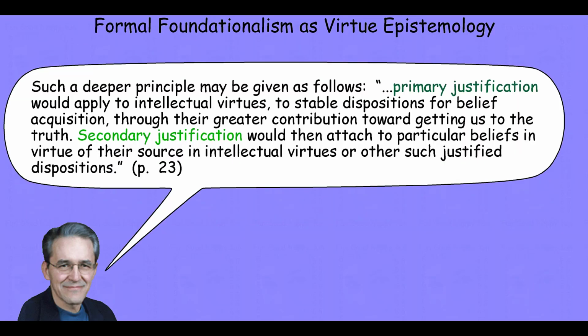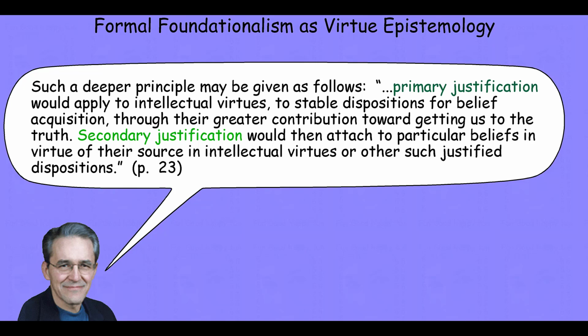And he's got an answer for that. Here's how it would work, he says. Primary justification applies to intellectual virtues, to stable dispositions for belief acquisition. They're virtuous, that is, they are primarily justified because of their greater contribution towards getting us to the truth. Secondary justification: all the beliefs that get generated by these virtues get secondary justification.